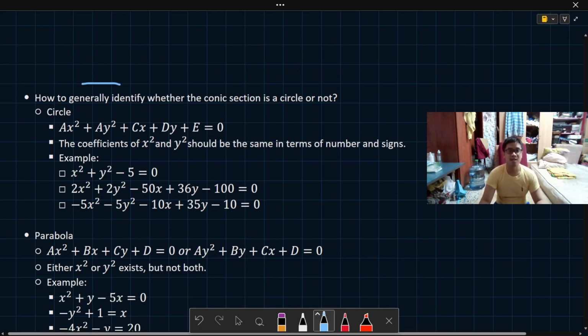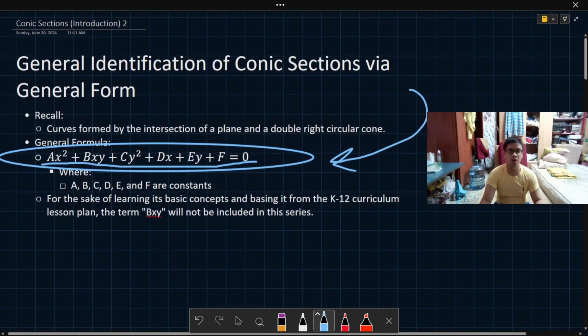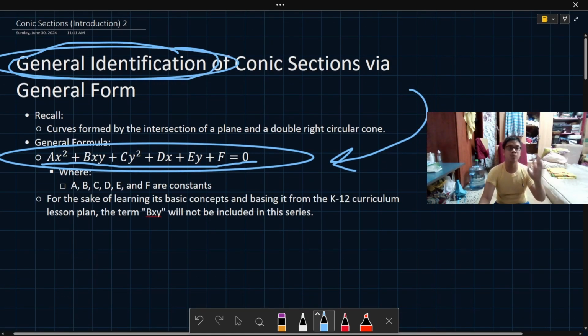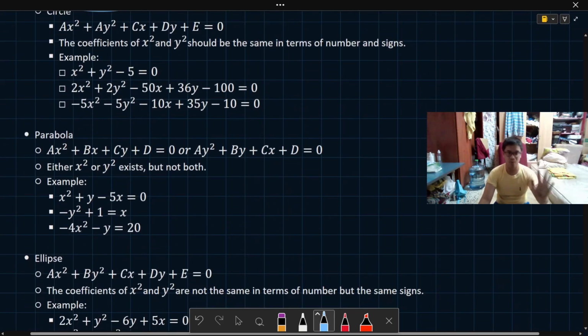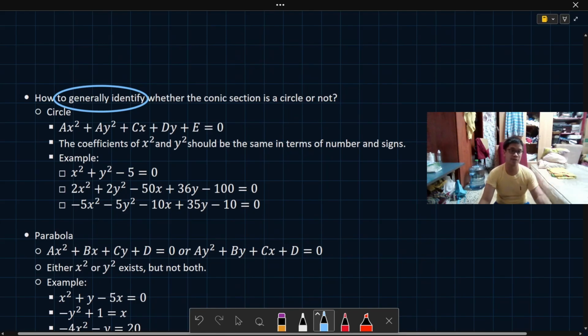Please don't forget the word general identification. I'll explain later why it is a general identification, not an exact identification.